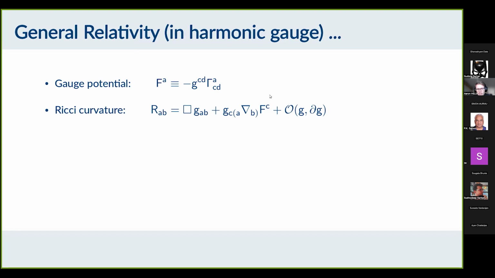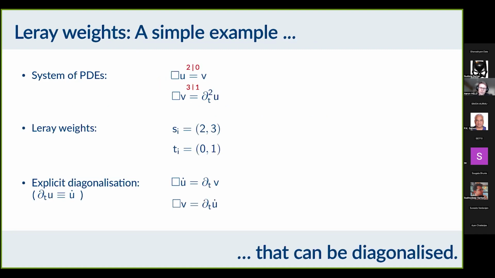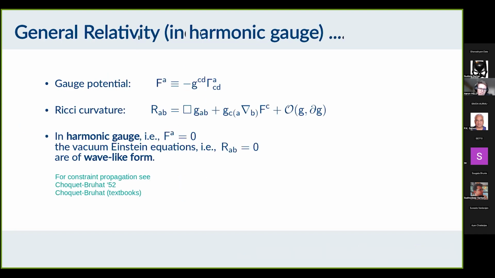Then in harmonic gauge, the Ricci curvature is just a wave equation for the metric. So if you think of the Einstein equation in vacuum as Ricci curvature equals 0, it really reduces to the principal part of a wave equation in harmonic gauge. It's already in the form that we were seeking, already in a diagonalized form. So in harmonic gauge, the Einstein equations are already of wave-like form, and then you're basically done.